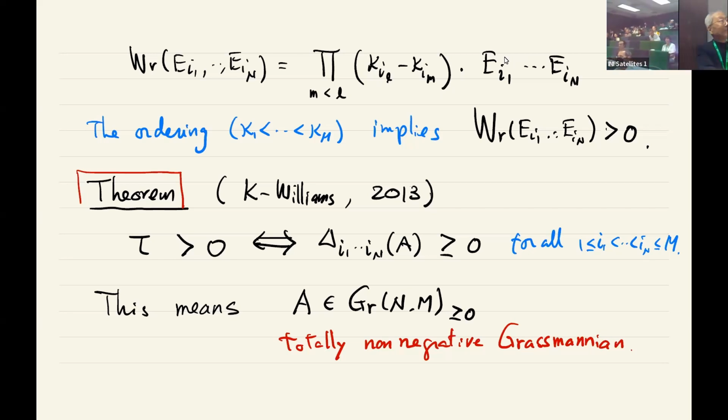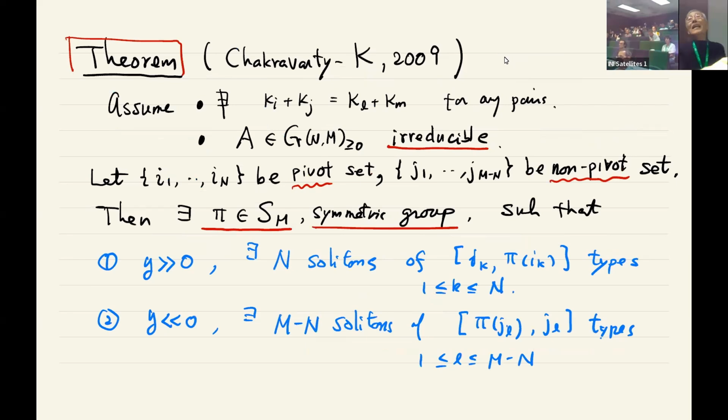Now the other ingredient I would like to tell you about is this. You take A, and irreducible means you cannot reduce the number n or the number m, right? Sometimes a column or a row has only one non-zero entry, then you can always remove it and reduce the Grassmannian.